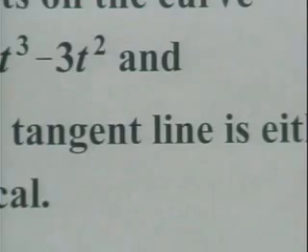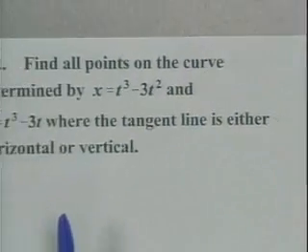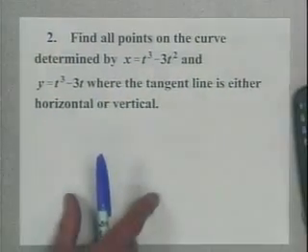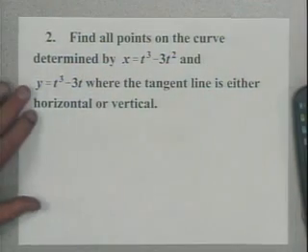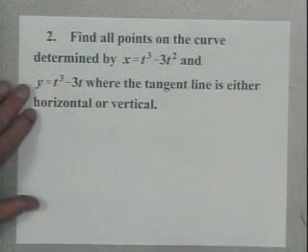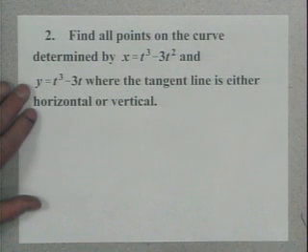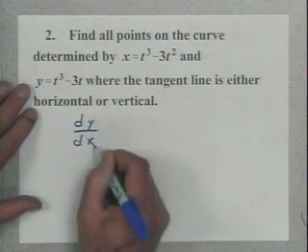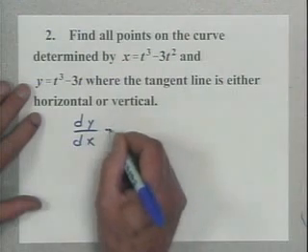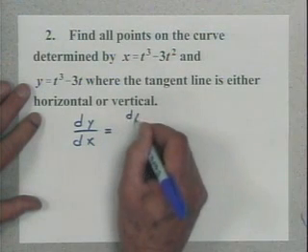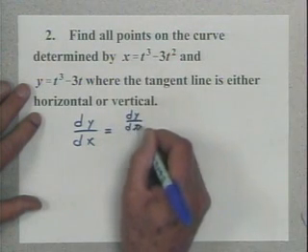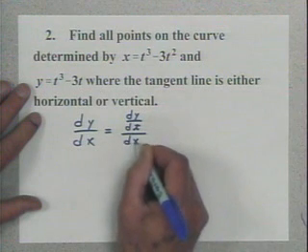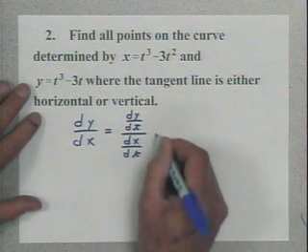Here's the problem. Here it is, so you can see it. Okay, in Calc 1, even if you didn't have any idea what to do, you always got some points if you did what? Took a derivative. Okay, so we're going to do a dy over dx, and the way we do this is take the derivative of y with respect to t and divide by the derivative of x with respect to t.